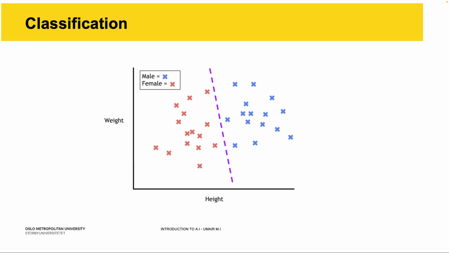Take an algorithm checker. When you submit your assignments, they are automatically given to this algorithm checker tool. What's the role of that tool? The role of that tool is to see if this work has been copied by someone else or not. So on that level, it's a classification algorithm. That's level one.